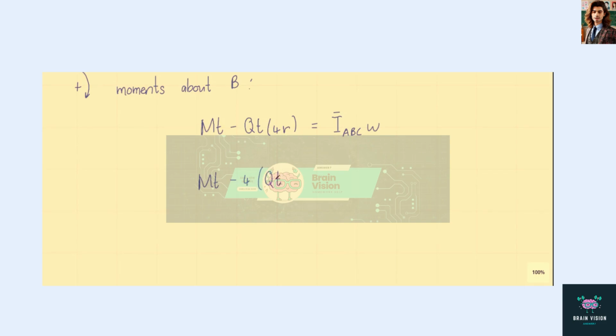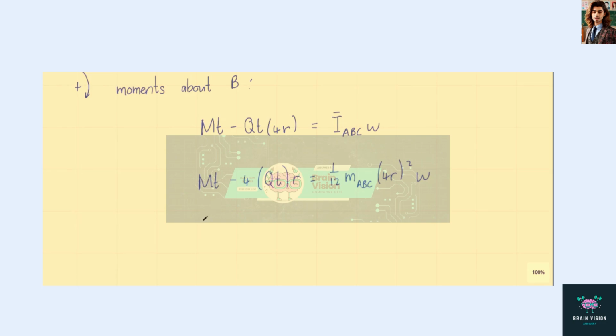So we can simplify this and write this as MT minus 4, we'll bring QT together, times R is equal to 1 over 12. Like before, we're just writing down our mass moment of inertia for the rod, 1 over 12 M ABC, 4R all squared times omega. So we know what our mass moment of inertia is for a disk and for a rod.